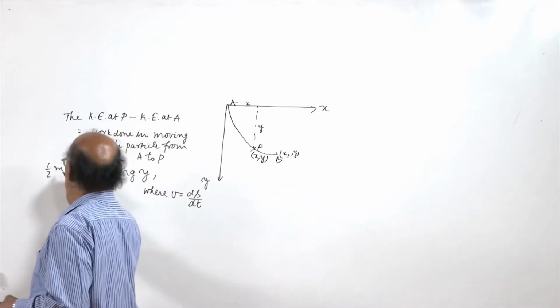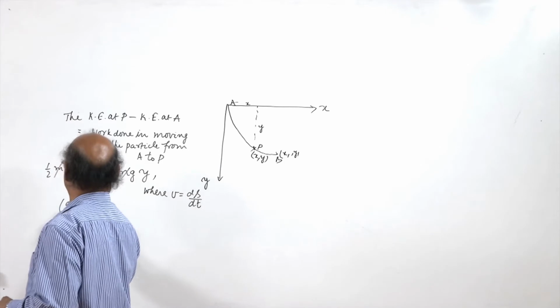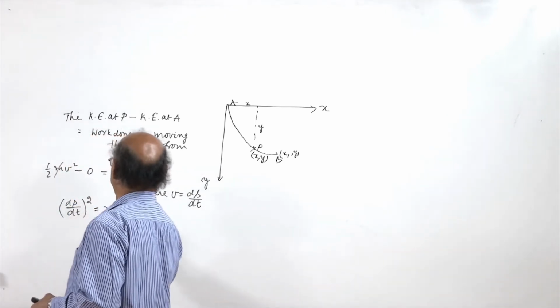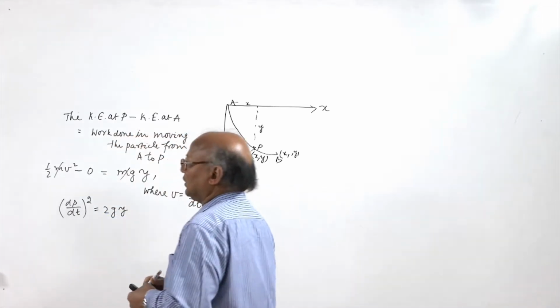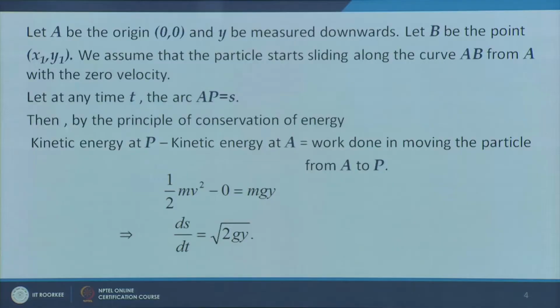So what do we have? We can cancel m, and then we have (ds/dt) whole square equal to 2gy, or we can say ds/dt is equal to under root 2gy.